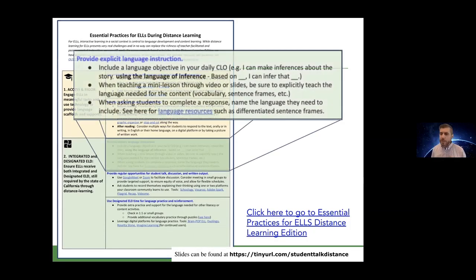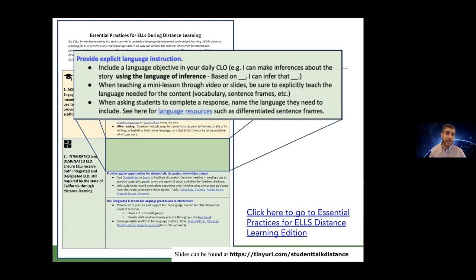So we ask ourselves, how do we do this? How do we really provide opportunities for students to talk in distance learning? And one way is by making sure that we're providing explicit language instruction. This can look several different ways, anything from really clearly stating the language objective that complements a content objective in a lesson, and also really explicitly calling out the language that students are going to need to be able to access content.